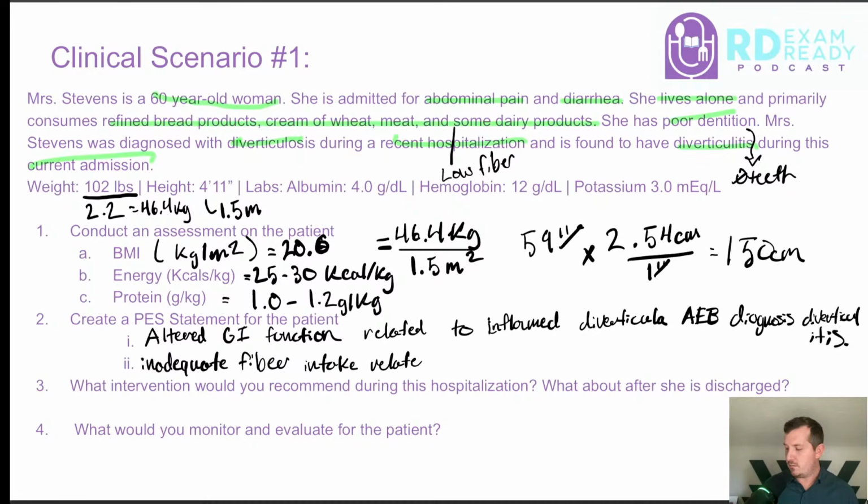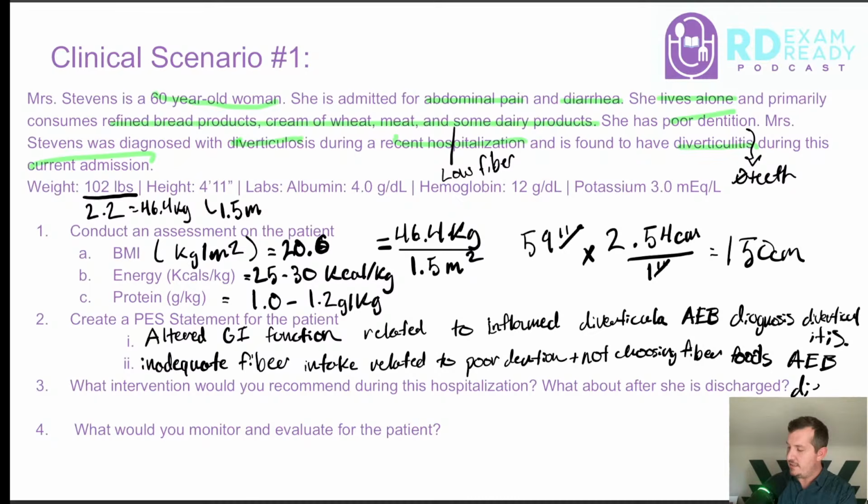related to a few things. Could be the poor dentition, making it difficult to eat fruits and vegetables. And potentially it could be not choosing fiber foods. And then this would be as evidenced by dietary recall.